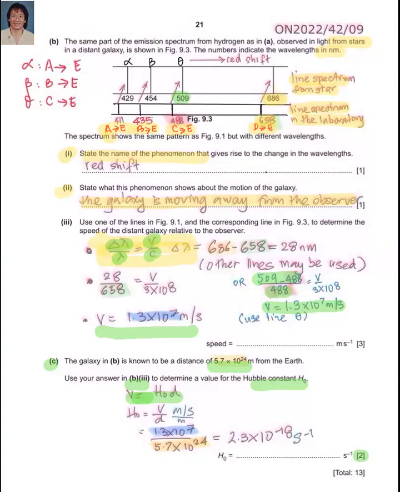So H0 equals v divided by D. We know the speed is 1.3 times 10 to the power 7 meters per second, and the distance is 5.7 times 10 to the power 24. This will give you a Hubble value of 2.3 times 10 to the power minus 18. And then the unit is per second.